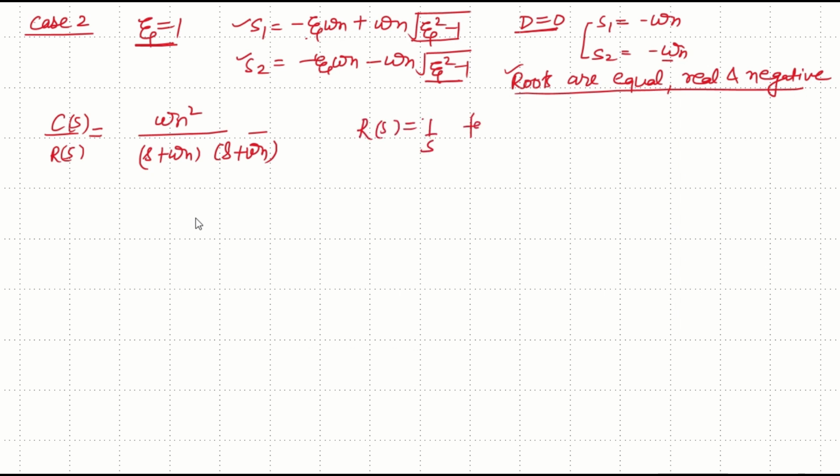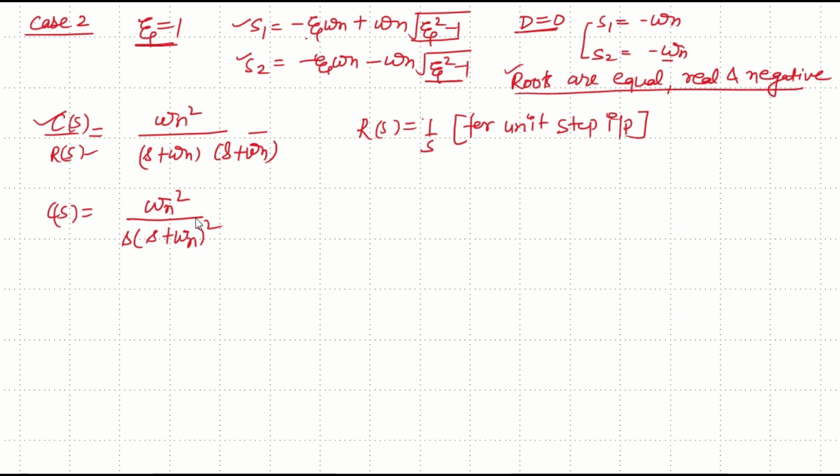So this is for the unit step input. We need to calculate the value of Cs in this case. So the value of Cs, we are cross multiplying this with 1 by s, will be omega n square divided by s times s plus omega n whole square.